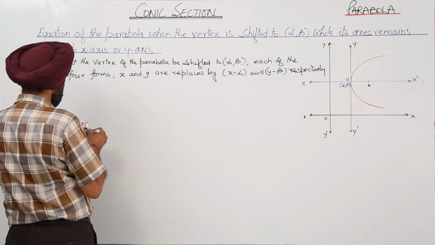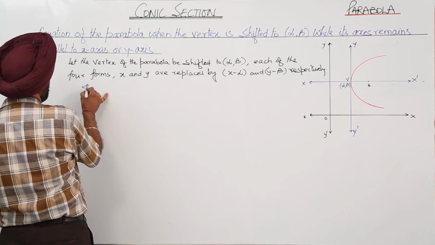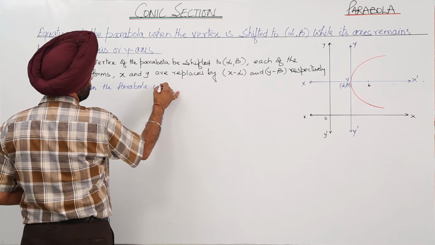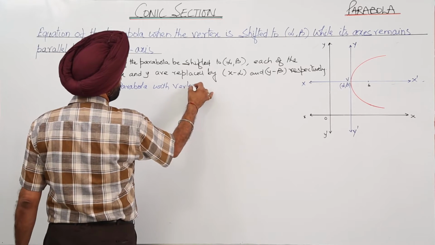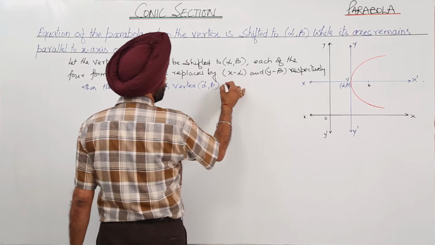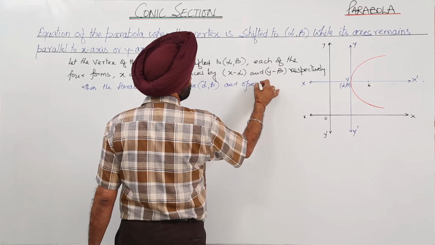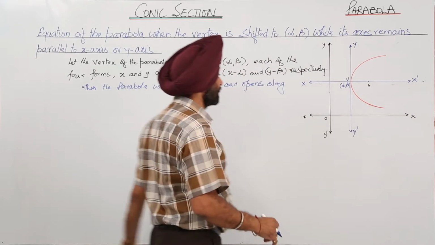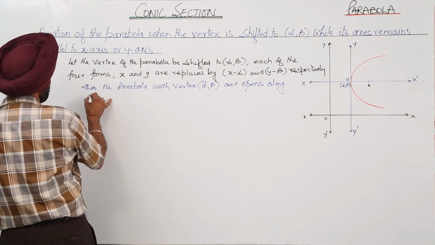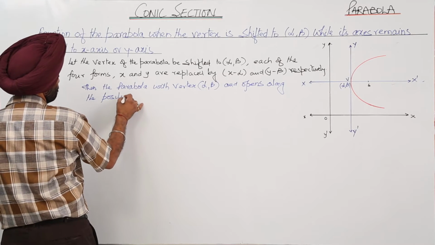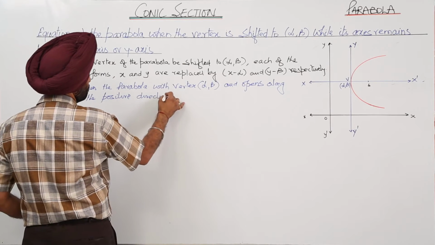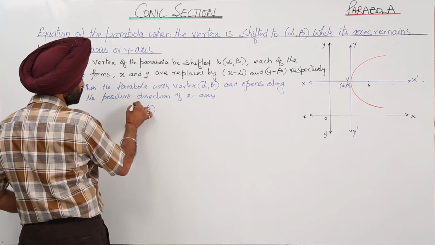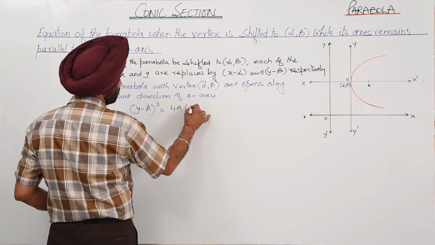Now thus the parabola with vertex alpha, beta and opens along the positive direction of x axis can be written as y minus beta whole square is equal to 4a times x minus alpha.